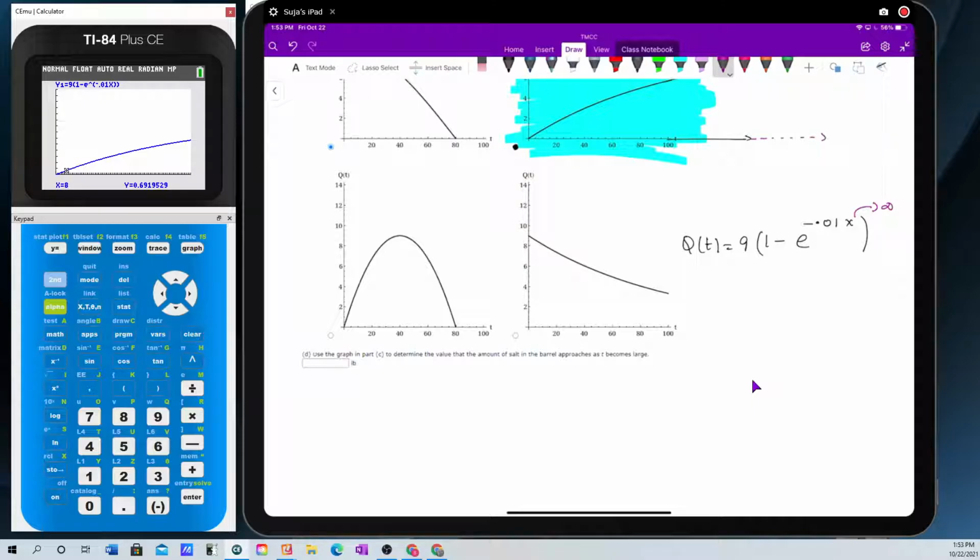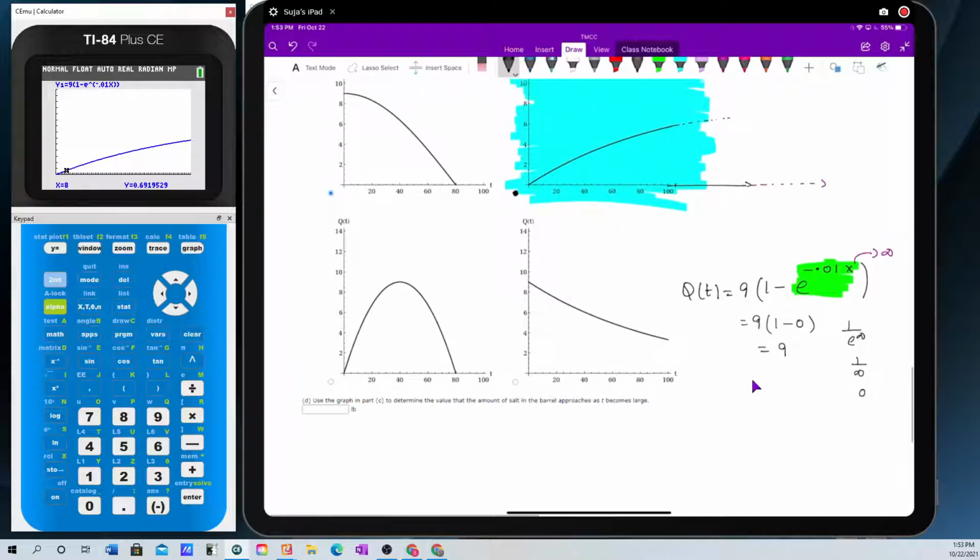Then look at this value. This would become 0, because it would be like 1 over e to the power of infinity, which is kind of 1 over infinity. 1 over infinity is 0. So I will have 9 times 1 minus 0, which is 9.